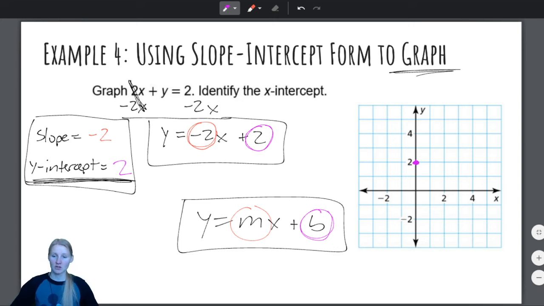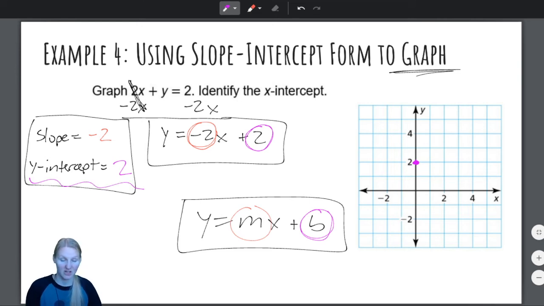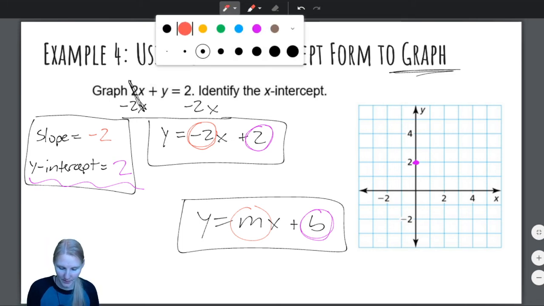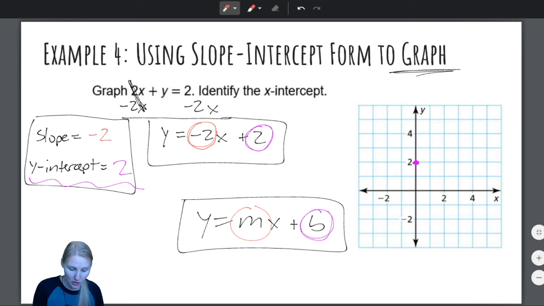And the y-intercept is the point where my graph crosses the y-axis. So, I'm going to put a point at my y-intercept. And that is step number 3. Okay, now, next step is I'm going to use my slope.